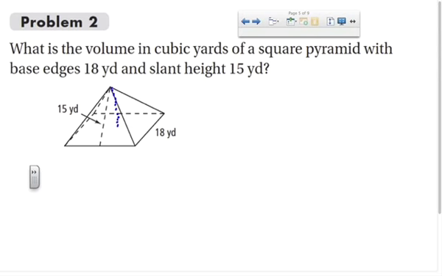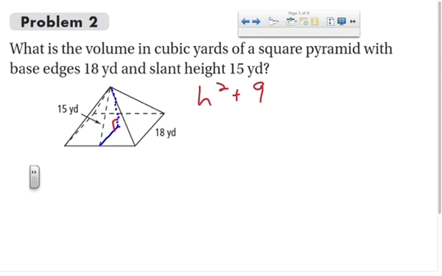So the height that I need is there inside the triangle, and this time the right triangle is a little bit harder to see, but I would hope that you see that the hypotenuse of that right triangle is 15. The bottom leg of it is 9. Do you see the 9?